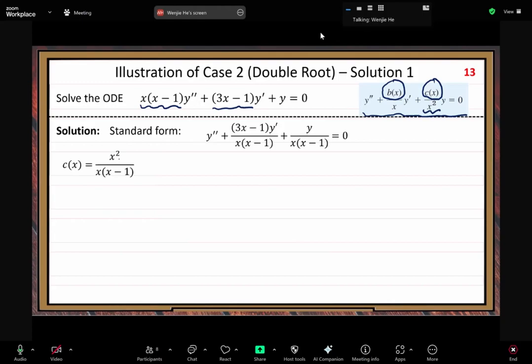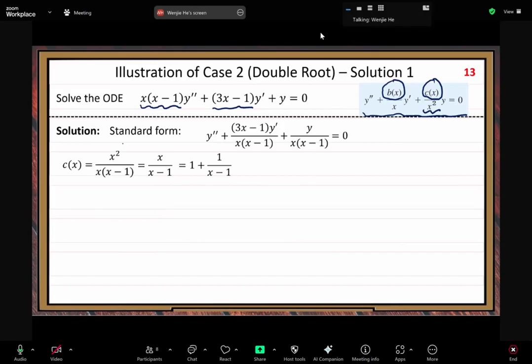So for your C function, you should multiply that function by x squared. After cancellation, it's x over x minus 1. Now the next question, how to find a power series representation of this function? All right, this one is simple.